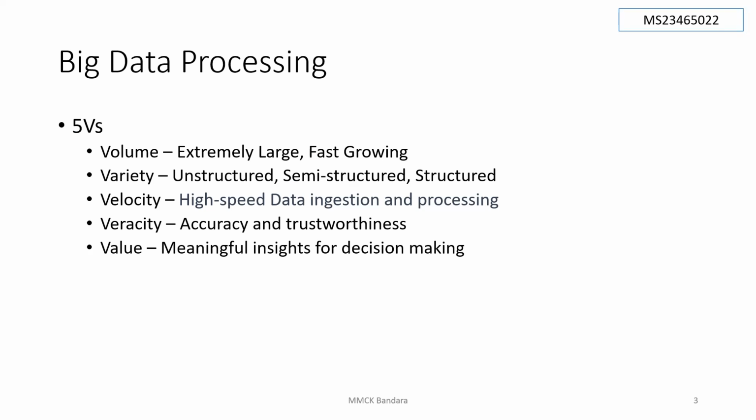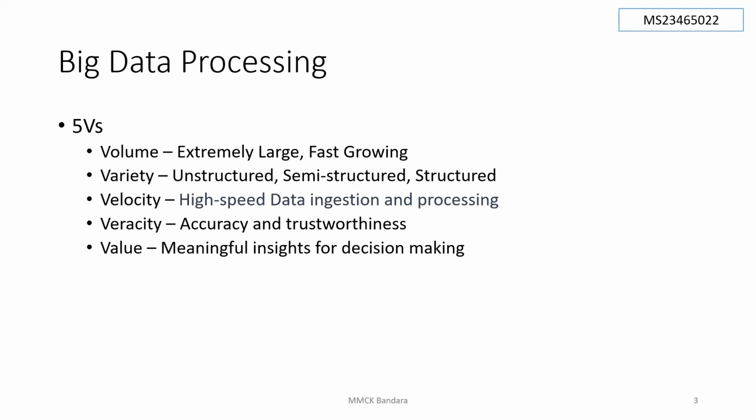We may get a high volume of data at high speed, for example a click stream from a website or a social media feed, and we have to process it at the same level.